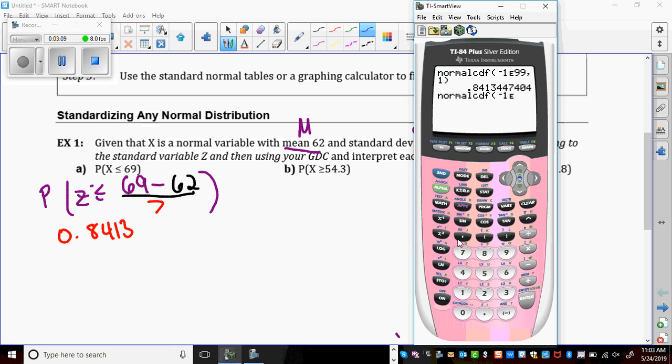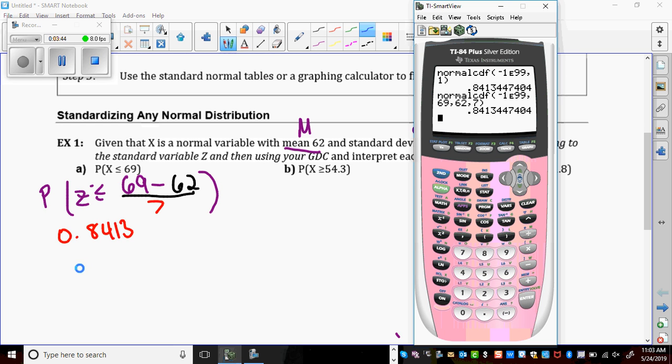Second comma is this E99. And then it's going to ask you for your test score, which is 69. It's going to ask you for your mean, which is 62, comma, and then it's going to ask you for your standard deviation, which is 7. If you just plug all those into that screen, it'll actually give you the same number.